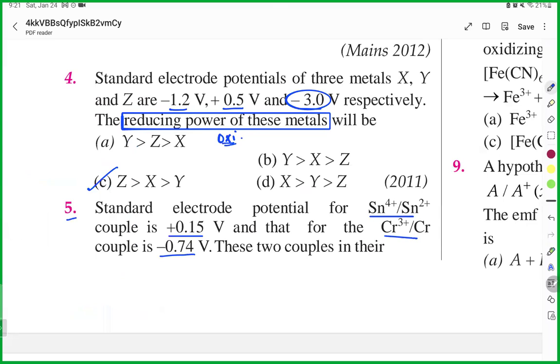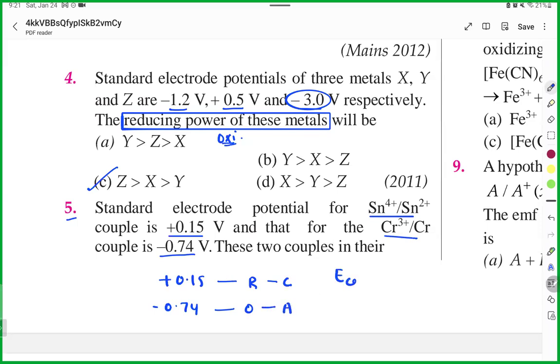Barinder, are you there? Chromium? Sn. How do we know? More value. Here you have plus 0.15 and minus 0.74. Out of this, plus 0.15 will undergo reduction, minus 0.74 oxidation. So reduction means cathode and oxidation means anode.